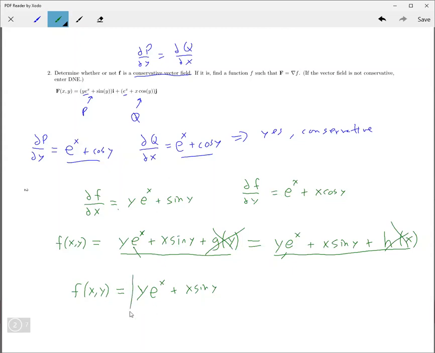Okay, so let's put this function in and see if that gives the right answer. Okay, it works over here.